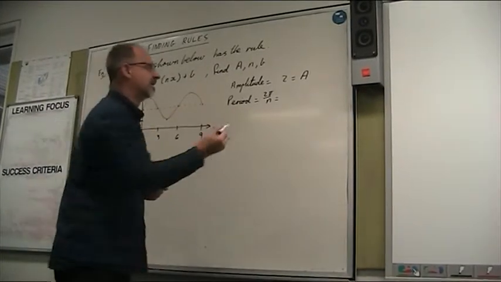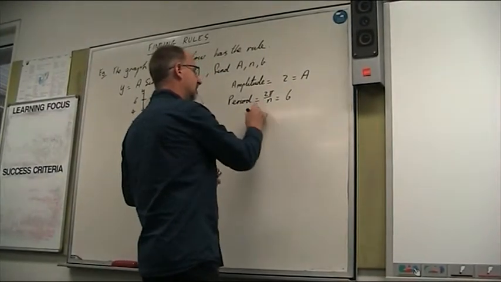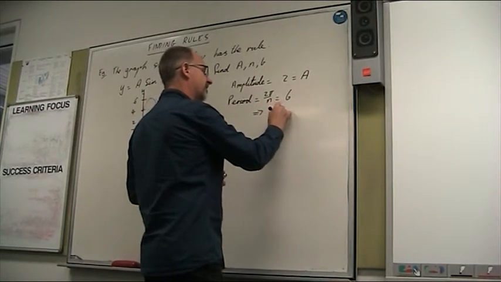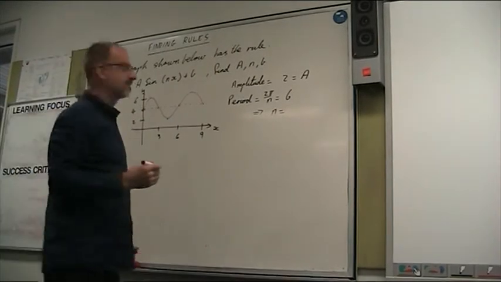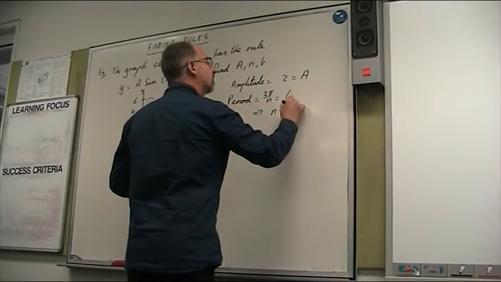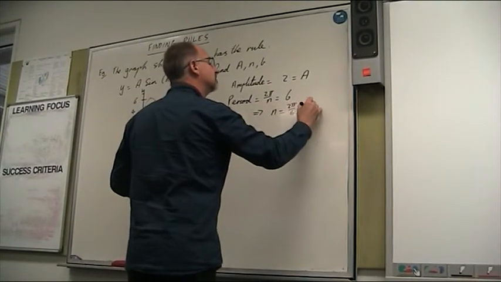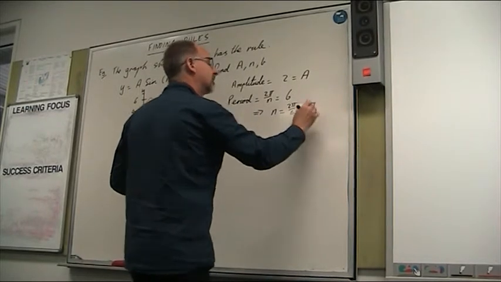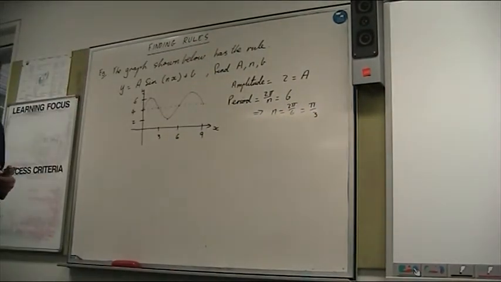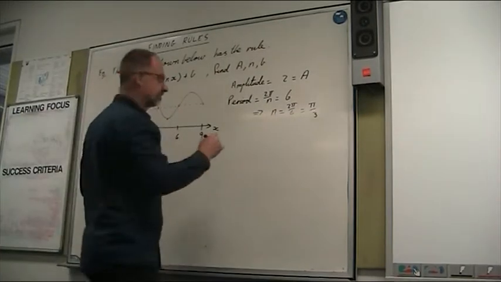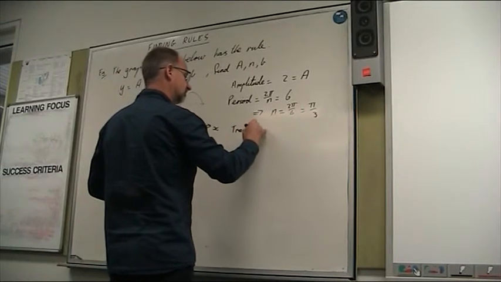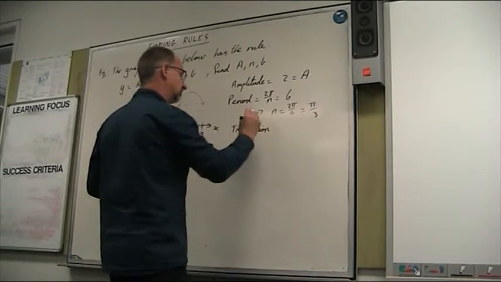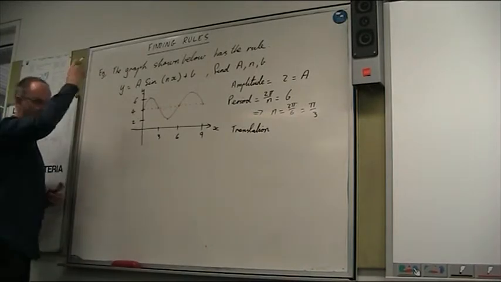So when we rearrange, n would be 2 pi on 6, which is pi on 3. And translation, up 4.